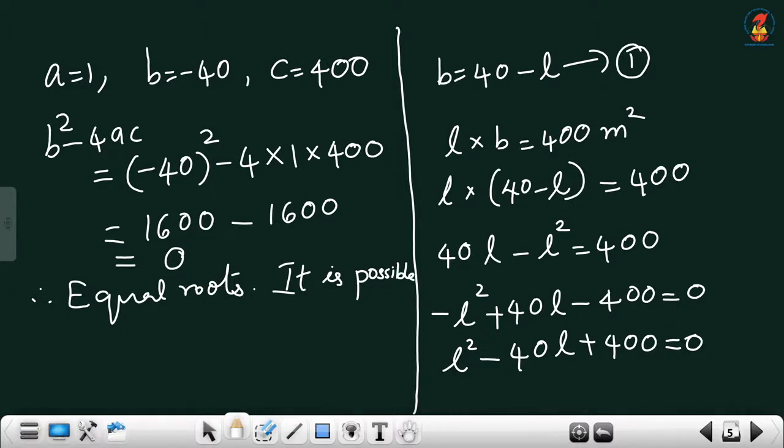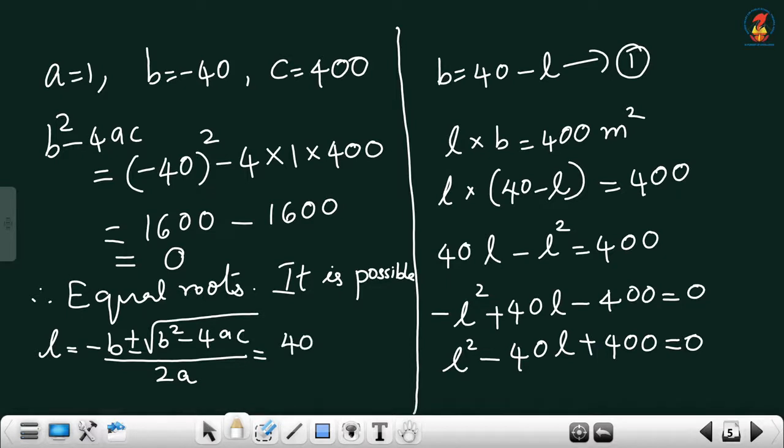After this, we have to find L is equal to minus B plus or minus root of B square minus 4AC by 2A. So, this is 0. So, minus B is 40 divided by A is 1, 40 by 2 and 40 by 2, 2 equal roots, 20 and 20. So, length is 20 meter.